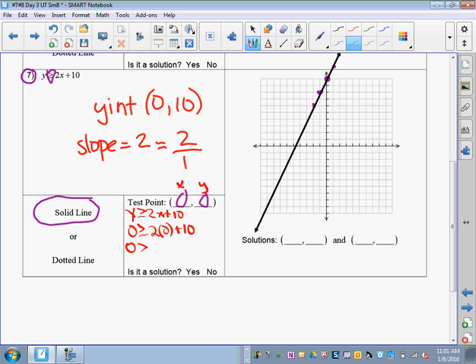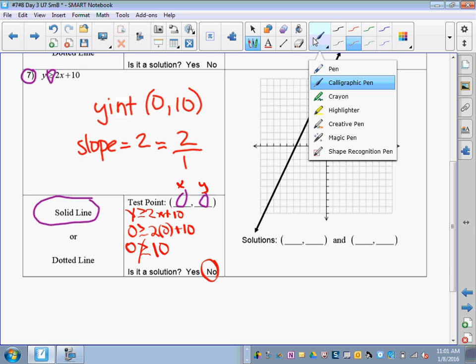What's 2 times 0? 0, and 0 plus 10? Is 0 greater than or equal to 10? No. So it's not a solution. 0, 0 was here. This is not a solution, so I shade the other side.